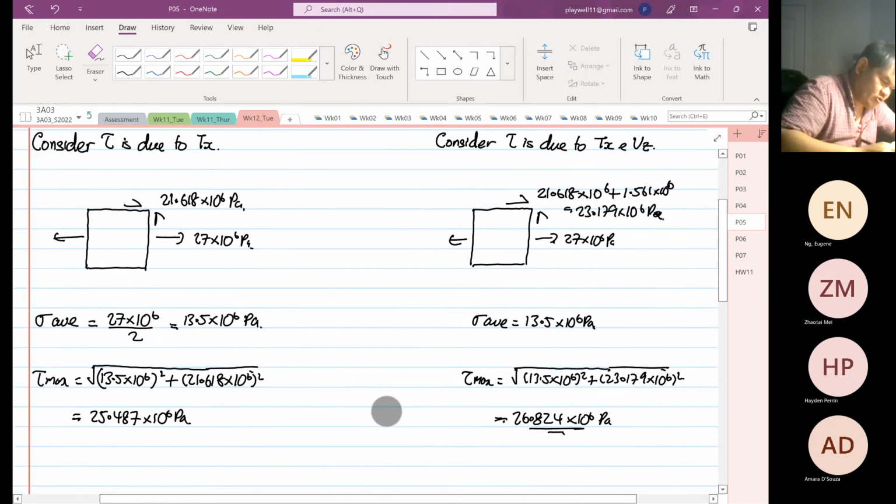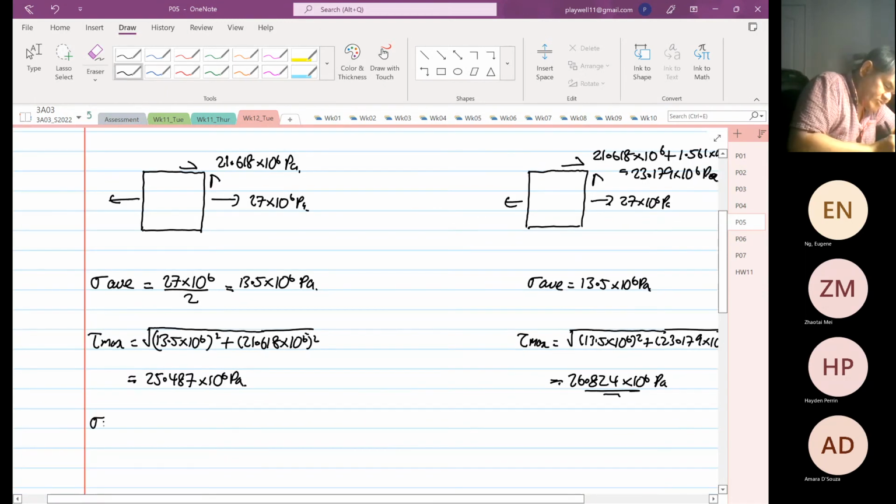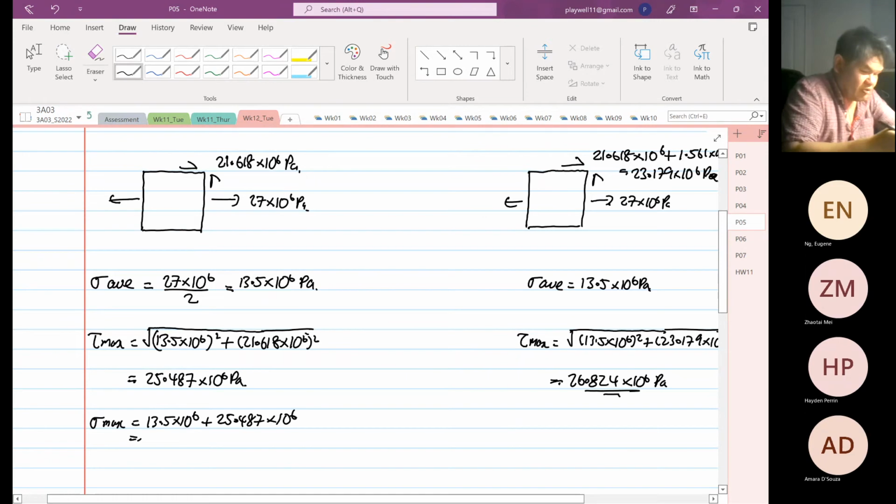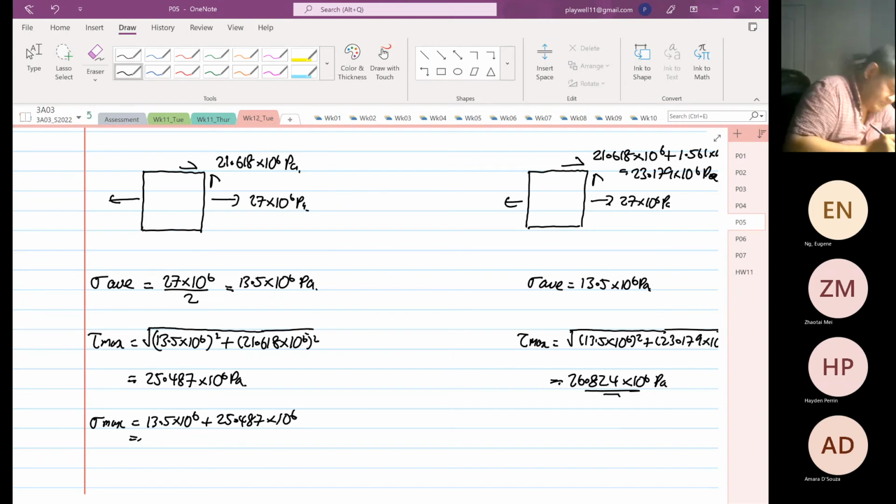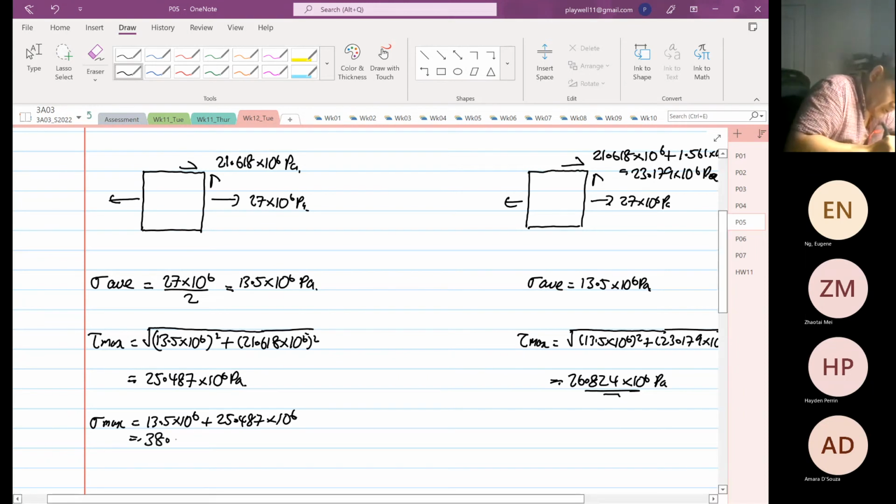Now when we calculate stress max, it's equal to 13.5 times 10 to the power 6 plus 25.487 times 10 to the power 6, which is 38.987 times 10 to the power 6 Pascal.